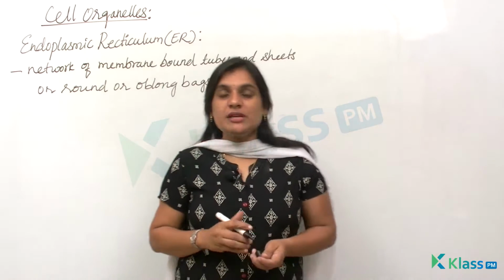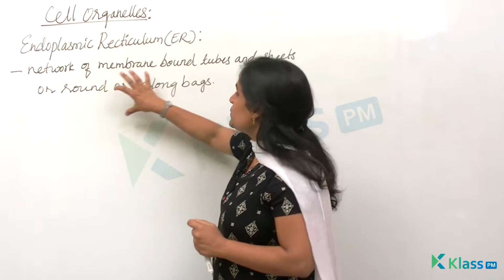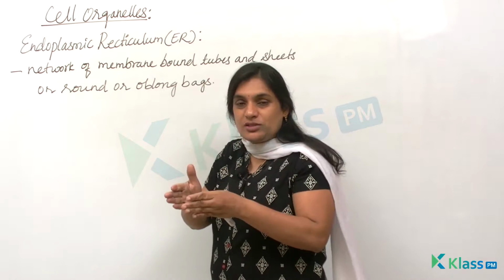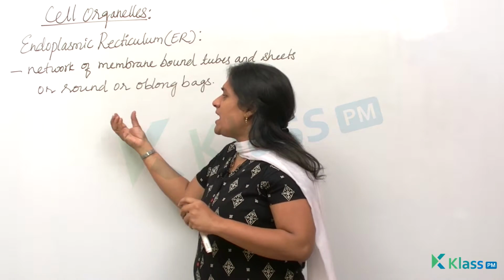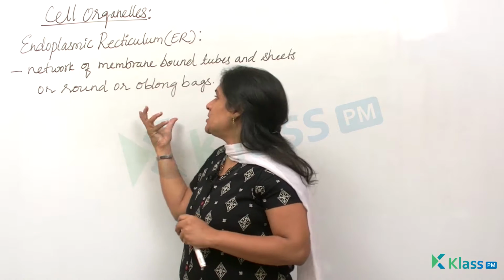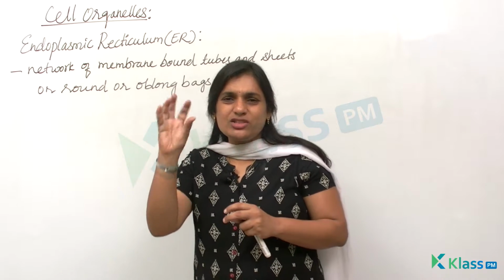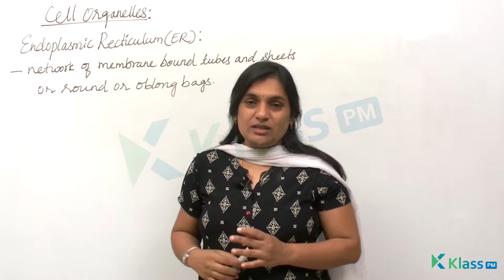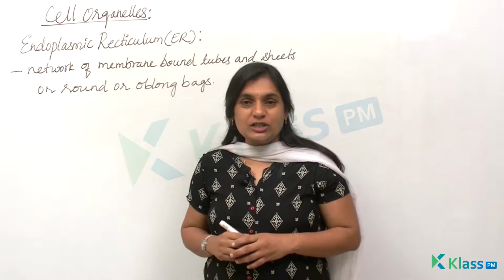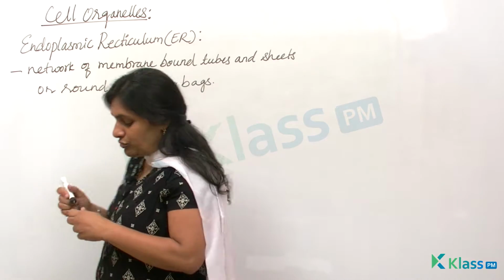So the endoplasmic reticulum is present as a network of membrane bound tube-like structures or sheets, and sometimes it looks like a round or oblong bag, a vesicle. Oblong means not of a proper shape. The endoplasmic reticulum present inside the cell is classified into two types.